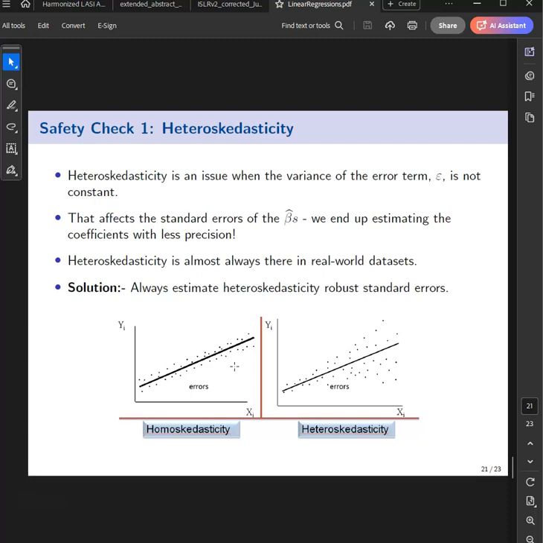The good news is that heteroscedasticity is so common in real-world data sets that statisticians have developed straightforward solutions. In fact, if you're working with a data set where you find no heteroscedasticity, you should be worried, because heteroscedasticity is a pretty normal and common event with real-world data sets.